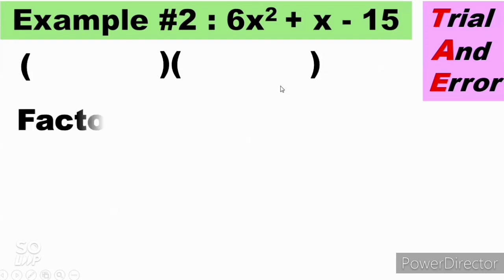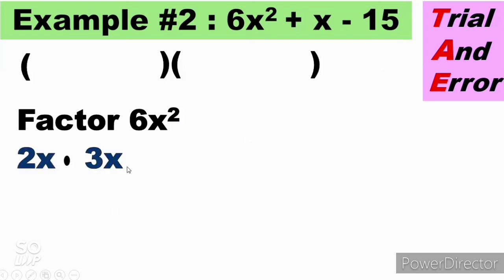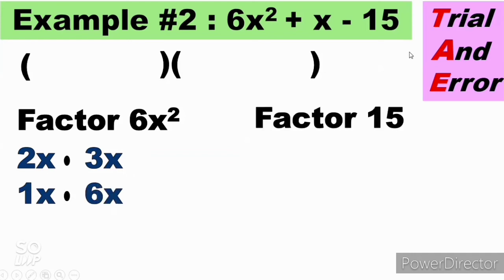Next, i-factor natin yung first term which is 6x squared. The factor of 6x squared is 2x times 3x. Another one, we have 1x times 6x or x times 6x. And then factor of 15 is 3 times 5. So, i-disregard muna natin yung sign which is negative. Saka na lang natin siya lalagyan ng sign.